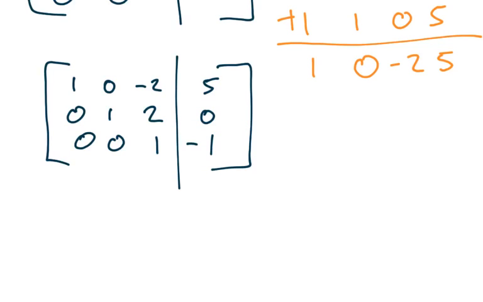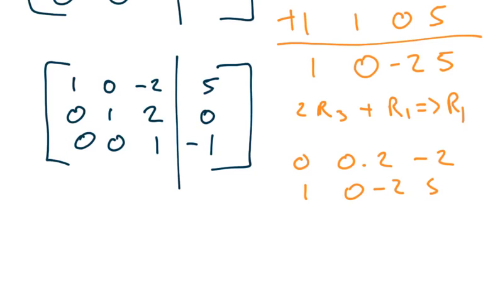Okay. So I'm actually going to do 2 times row 3 plus row 1 to give me my new row 1, because clearly that'll change. If I change this to 2, if I add it to this negative 2, I'll get 0. So let's do that. 2 times row 3 becomes 0, 0, 2, negative 2, and then row 1, which is 1, 0, negative 2, 5.